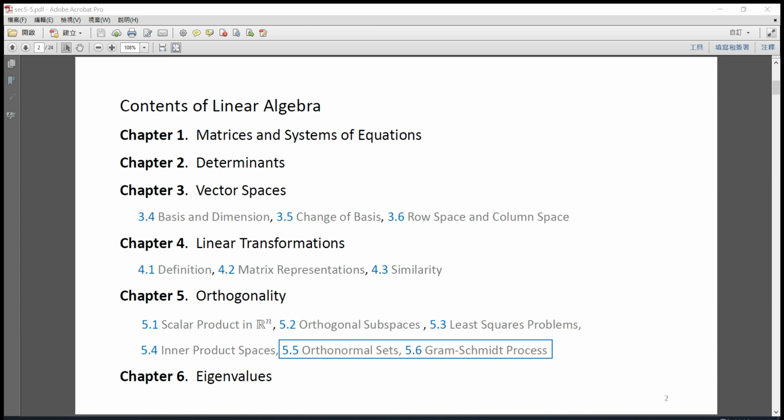Such a basis is convenient not only in finding coordinates of vectors, but also convenient in solving least squares problems. In section 5.6, we introduce the Gram-Schmidt process. This process allows us to construct an orthonormal basis for a subspace.